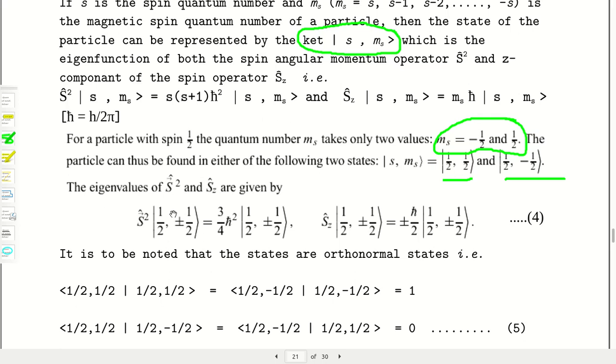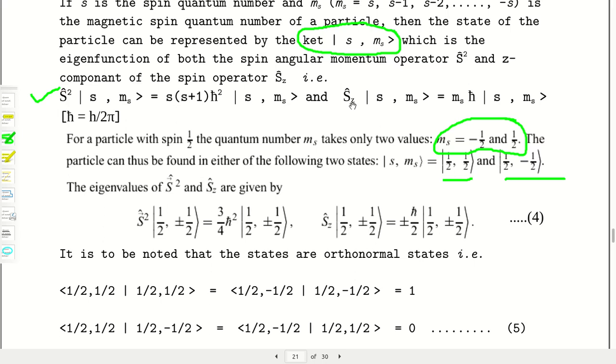Here the general form of the operators is written. You can follow this. S square operating on the ket s comma ms will give you s into s plus 1 into h cut square as the eigenvalue, and the ket will be reproduced, that is s comma ms will be formed again.